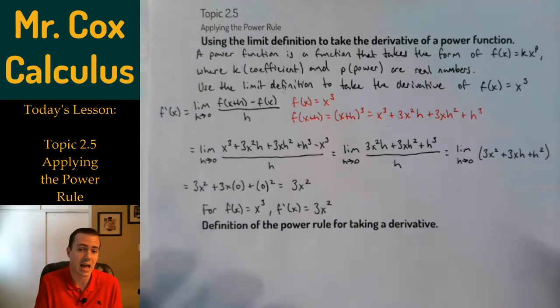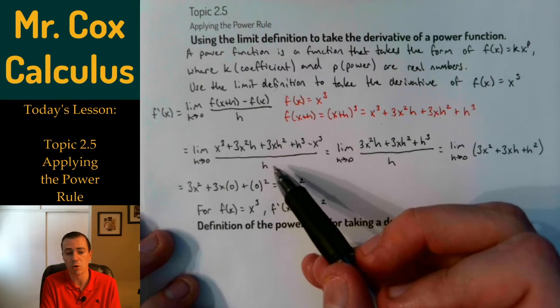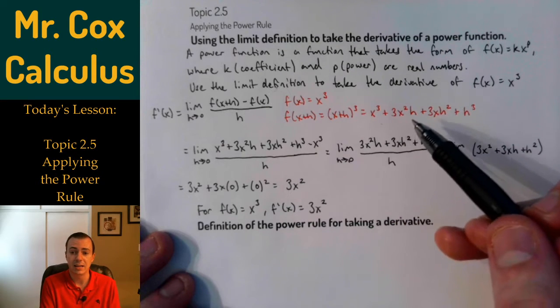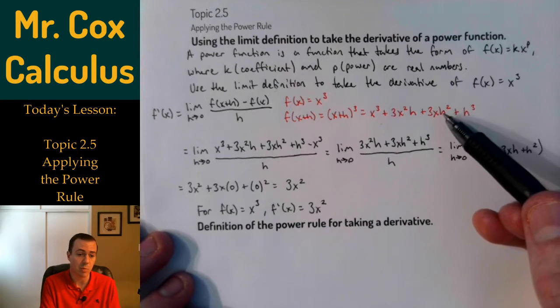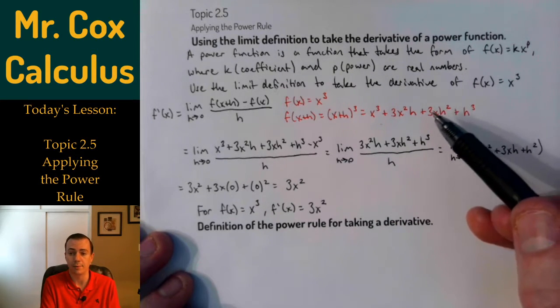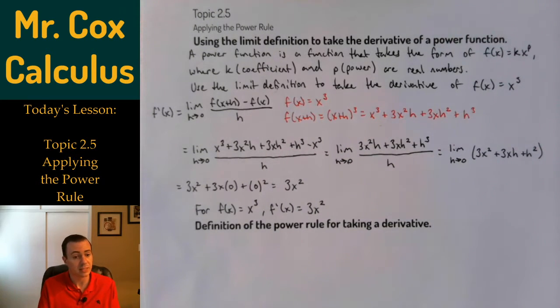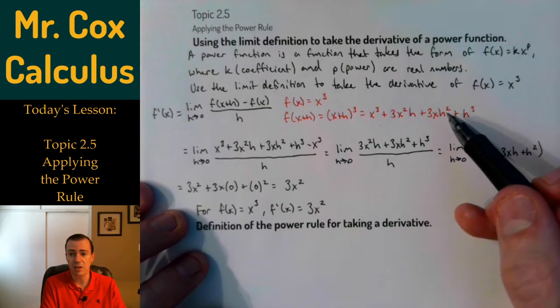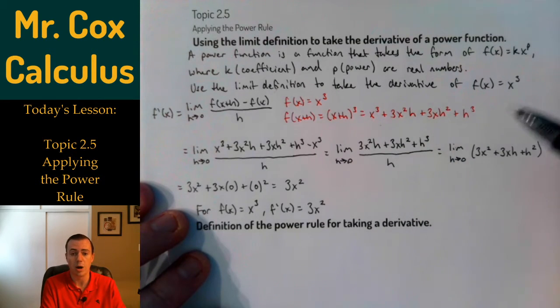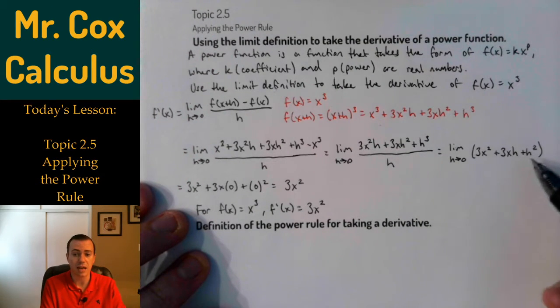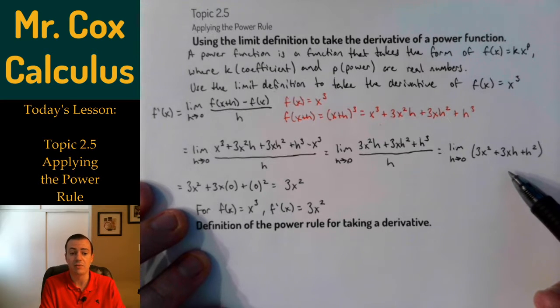The other thing that happens, because I have just a single h in the denominator, is that everything that has h to a power larger than 1, this term with h squared, this term with h cubed, and again I could apply this in a more general sense, anything with a power of h larger than 1 still has an h left over whenever it gets divided off.